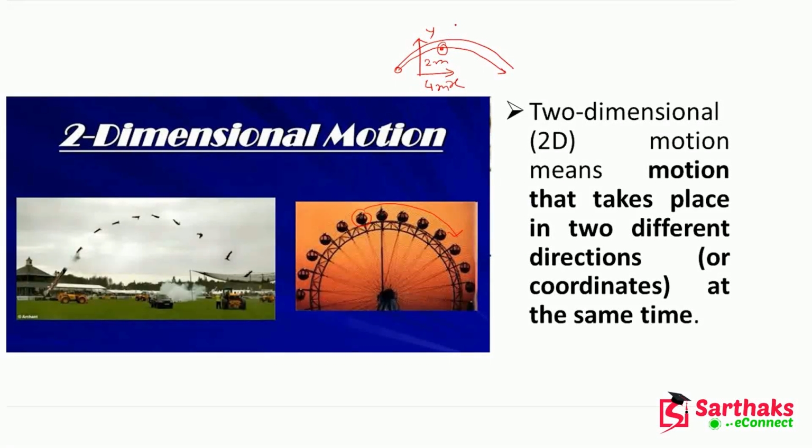So it has two coordinates, 4 meters and 2 meters. It is at a height of 2 meters from the ground and also 4 meters away from the initial position. So that is the coordinate of the position of the ball. That means it is two-dimensional because it has the position in two coordinates, not in one coordinate, right?